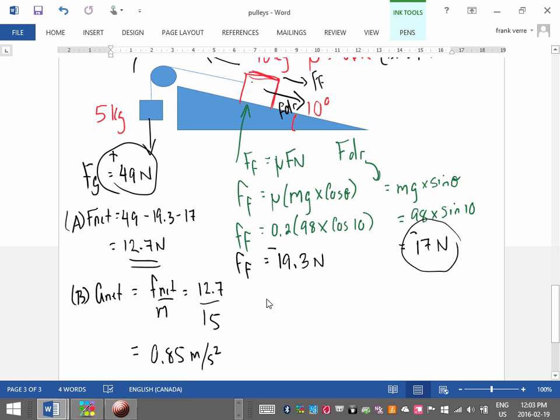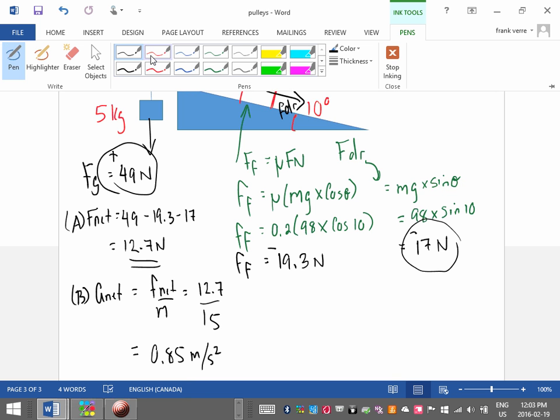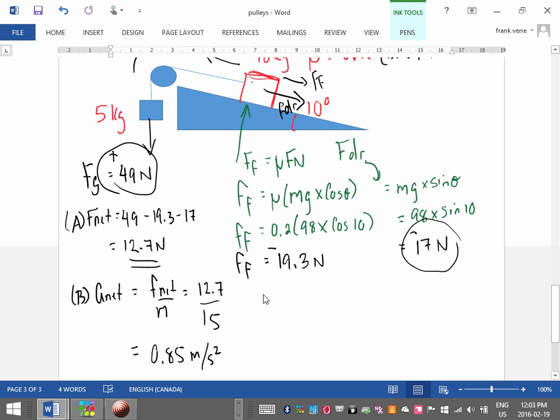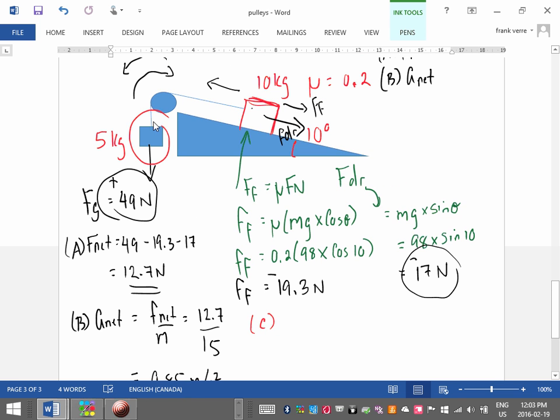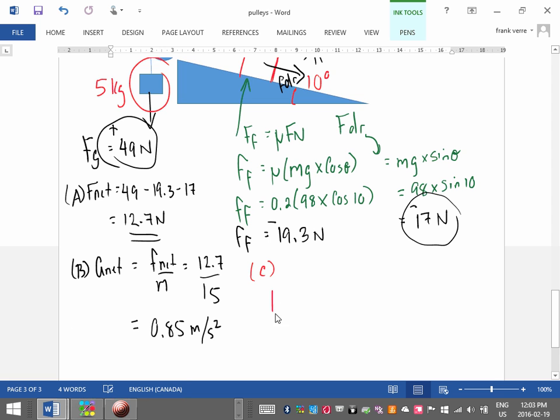So the last thing here is tension. Again, we can just look at this part over here. We know that it's accelerating down. So we know that we have tension, we have weight, and we know the net force is the mass of the object times the net acceleration.